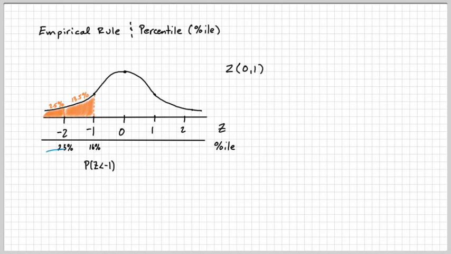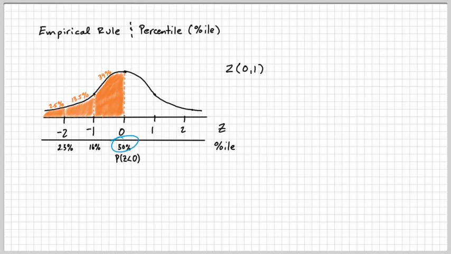You see, we have this row of percentile, which is cumulative. You're adding more to it as you move to the right, as you shade more to the right. Here, if we shade half of the standard normal, well then we're going to get 50%.